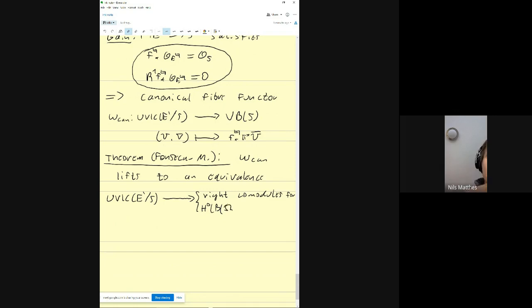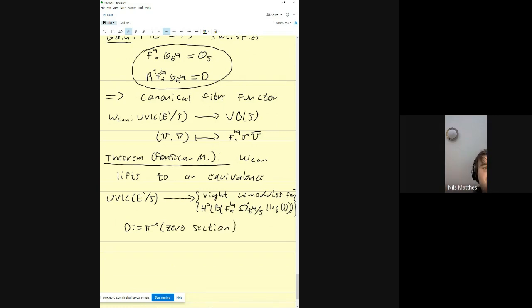So D is the pre-image of the zero section. Remember, pi was the projection from the UVE to the elliptic curve.